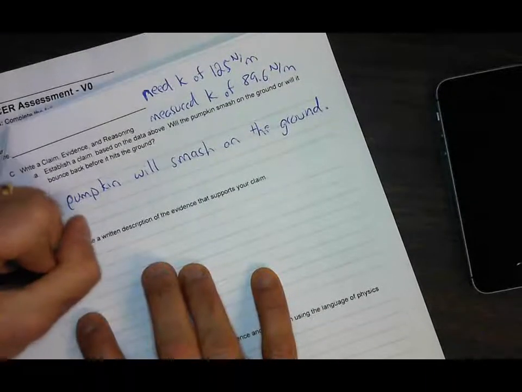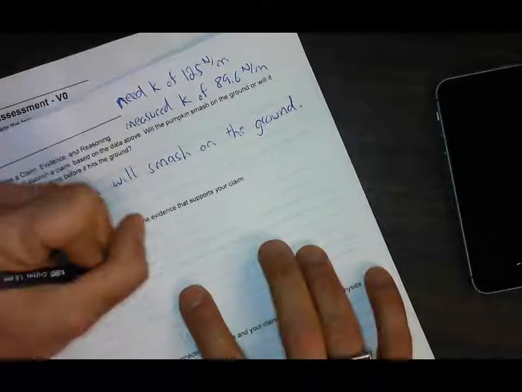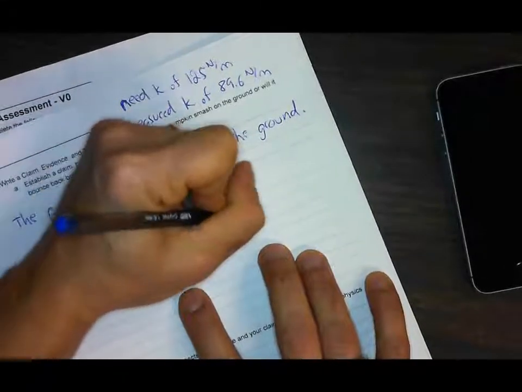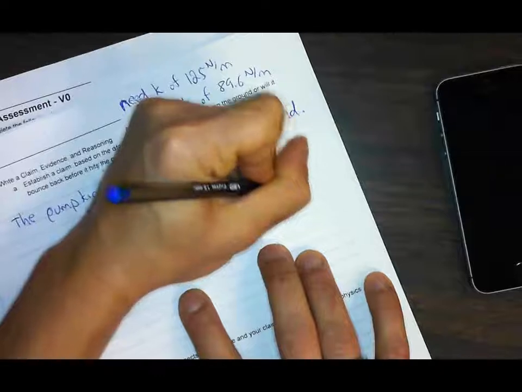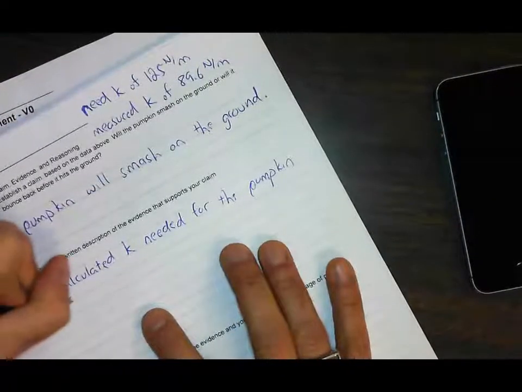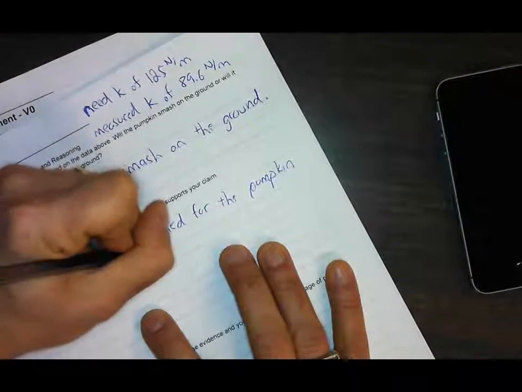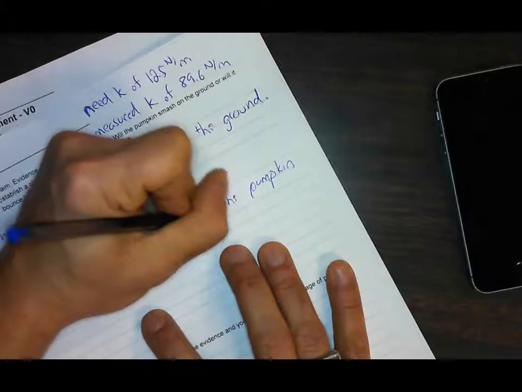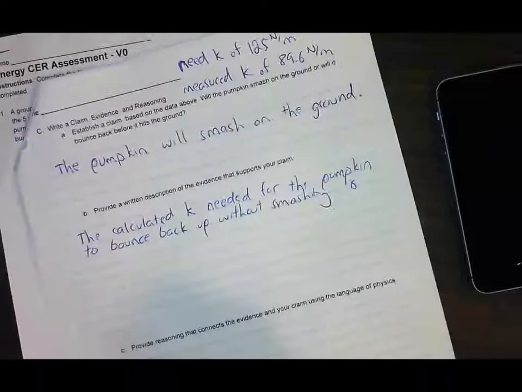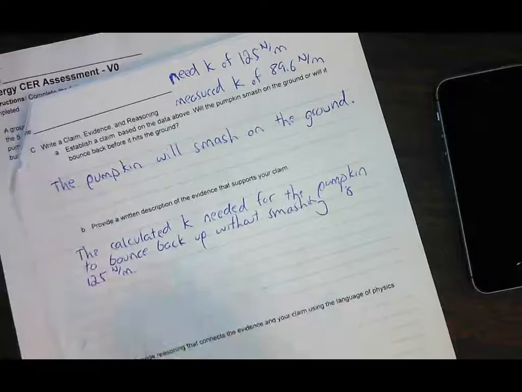So the calculated K needed for the pumpkin to bounce back up without smashing is, let's see, what is it? It was, we needed 125 newtons per meter, okay?